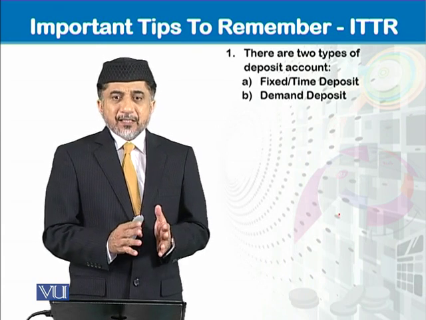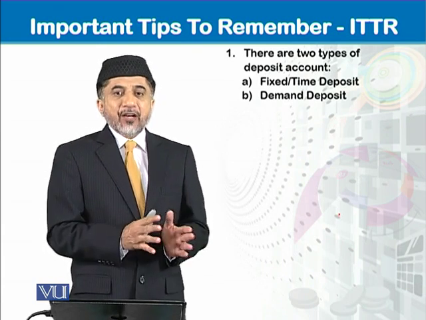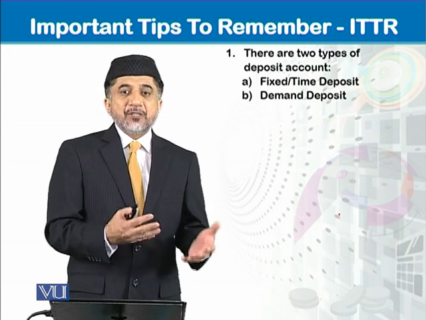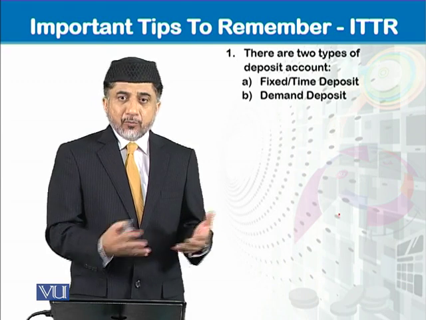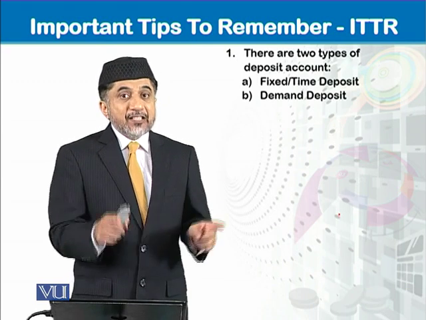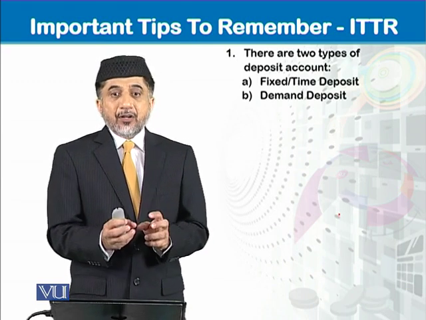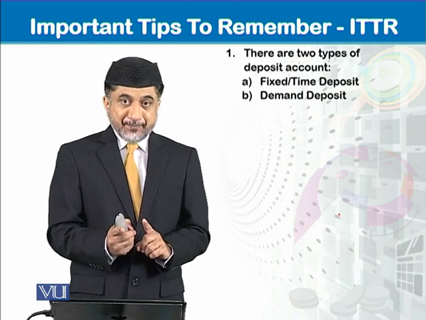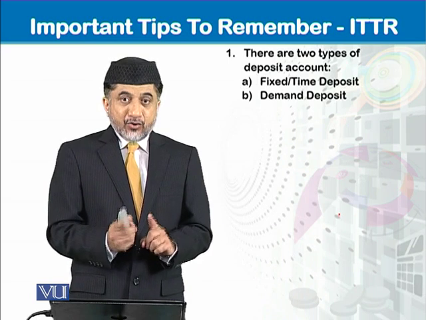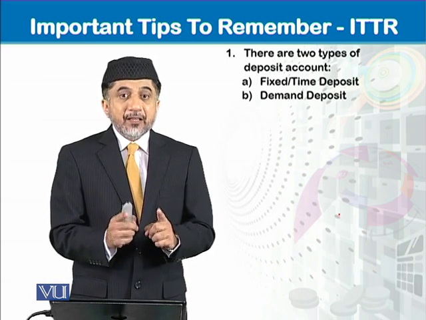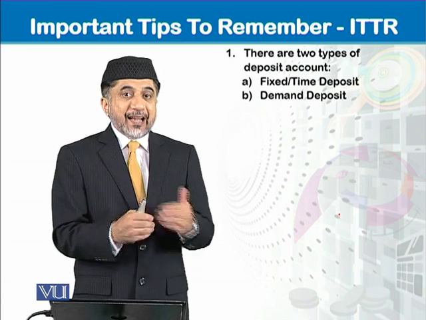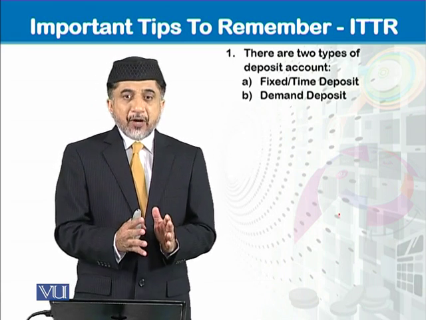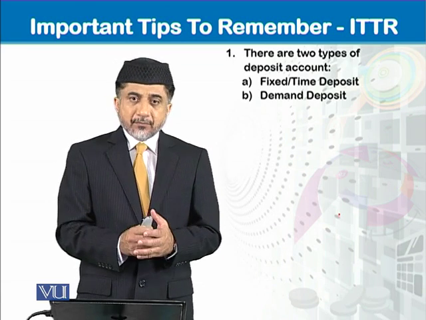Fixed deposit means that you have kept money in the bank for some time period. That can be a month or 6 months or a year or more or less. But in that time period, you cannot withdraw your deposited amount from the bank. You have to wait till the maturity of that term, and then you will withdraw your deposited amount along with the returns.